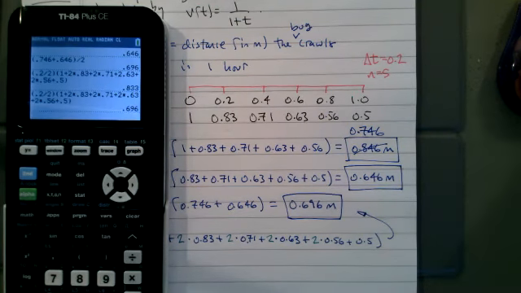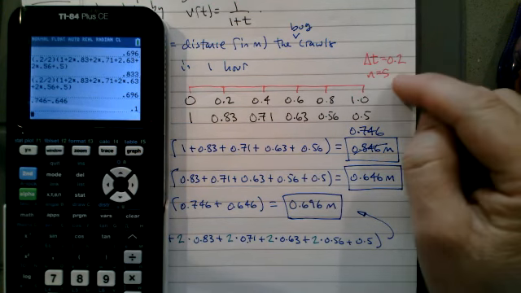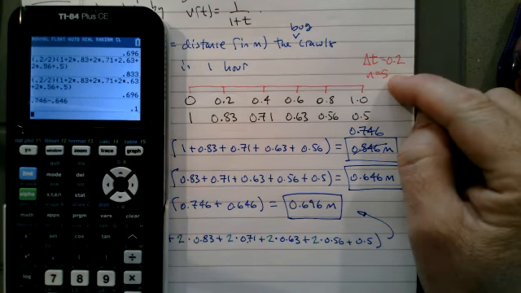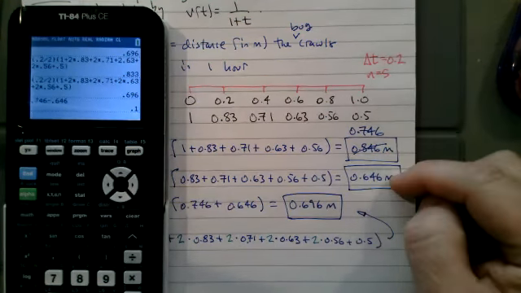So right now, the difference between left and right is 0.746 minus 0.646. The difference is 0.1. So right now we have the distance that the bug traveled within 1/10 of a meter. If we wanted to get that closer, if I took n to 10 subintervals and dropped delta t down to 0.1, then the difference between left and right would be within 0.05.